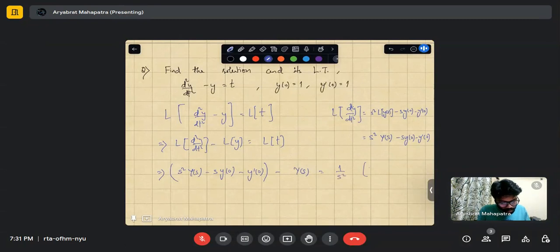I am writing this from the property that the Laplace transform of t to the power n gives n factorial over s to the power n plus 1.